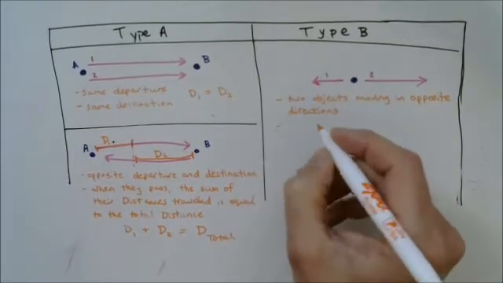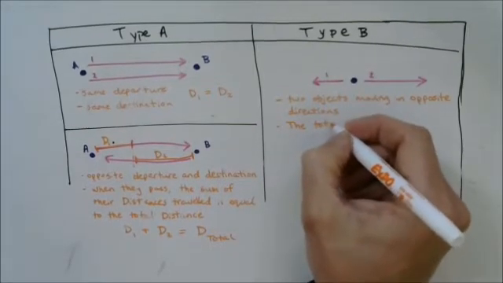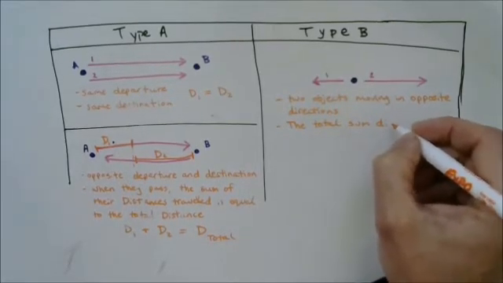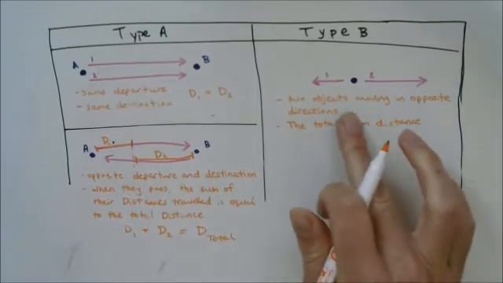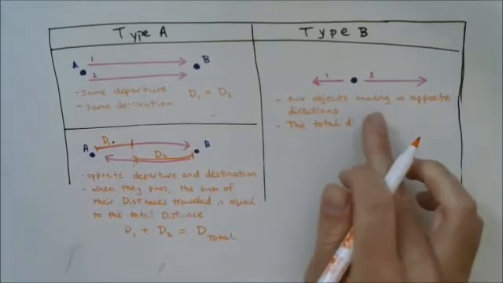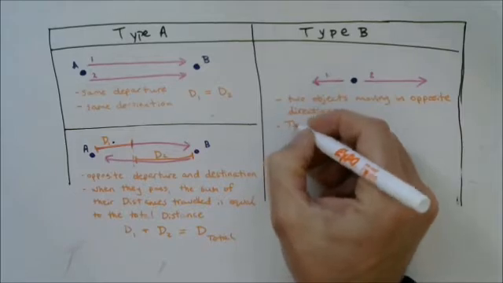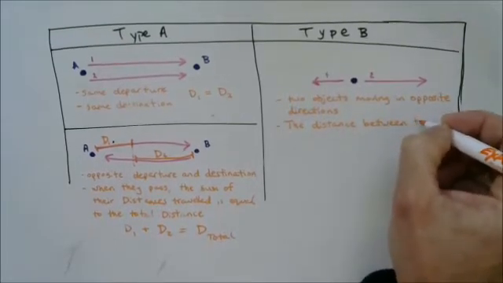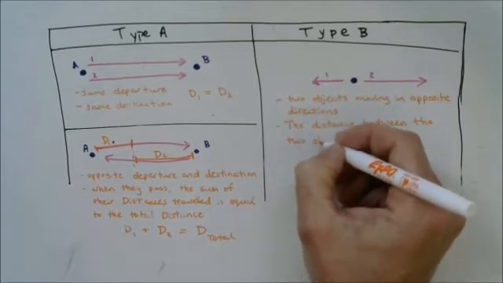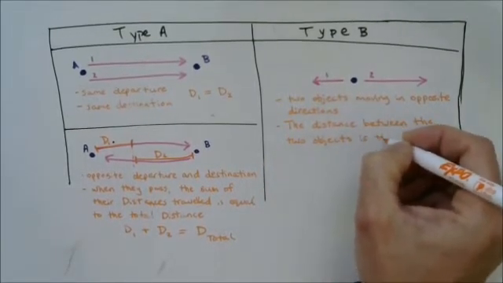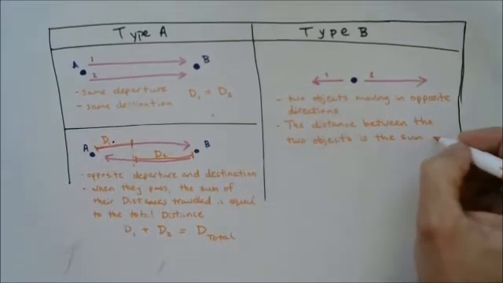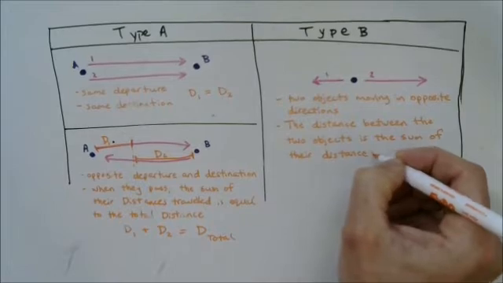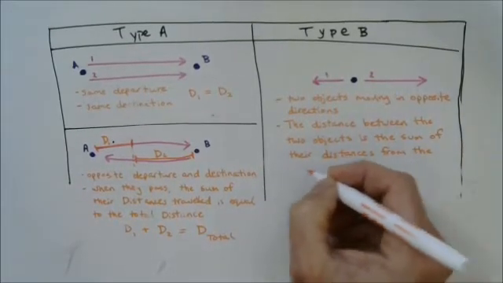Now, again, the distance between the 2 objects is the sum of their distances from the start point.